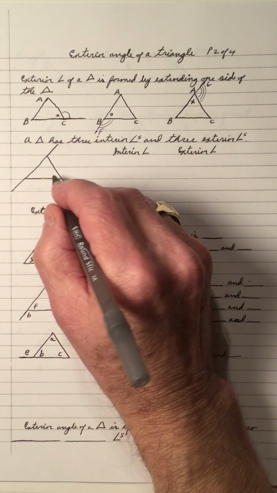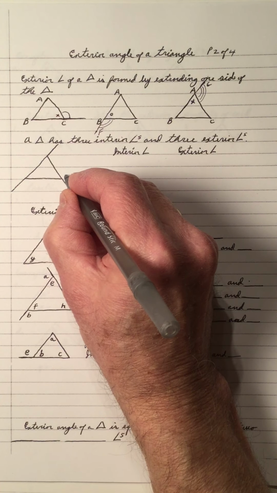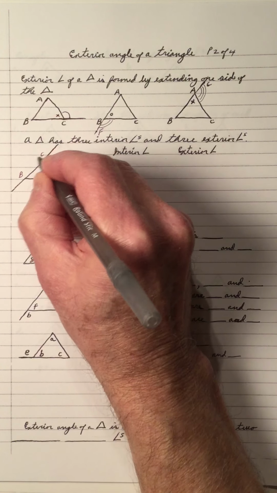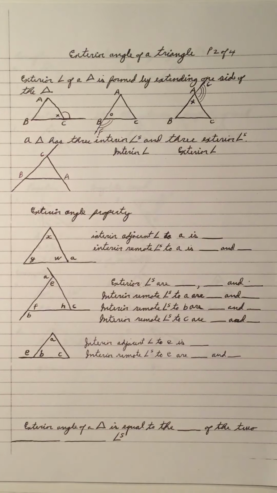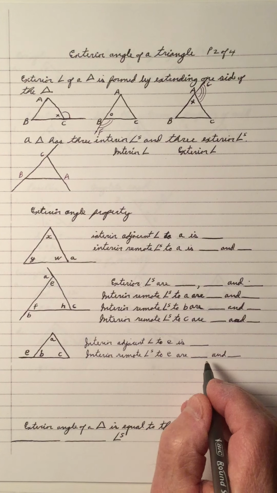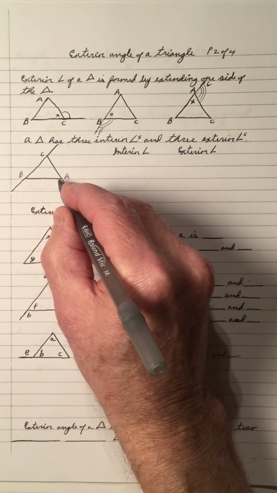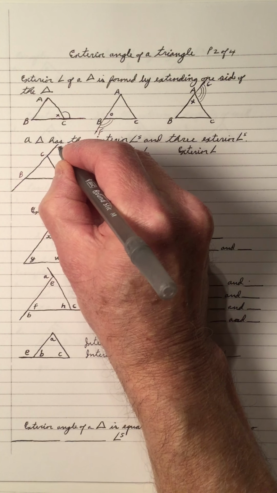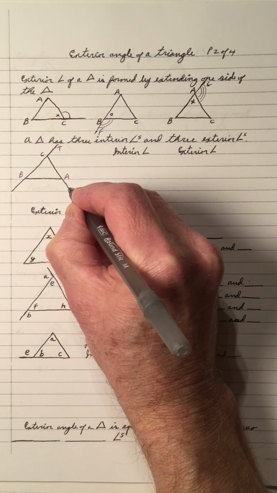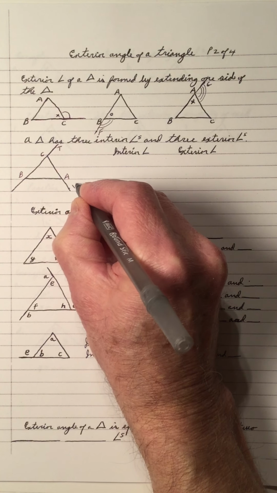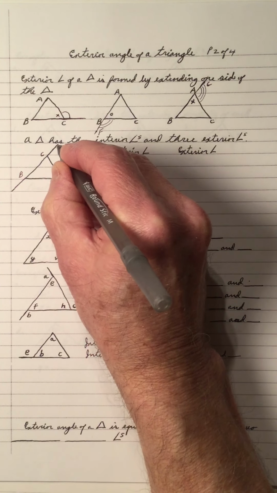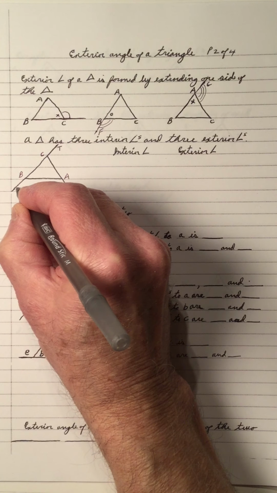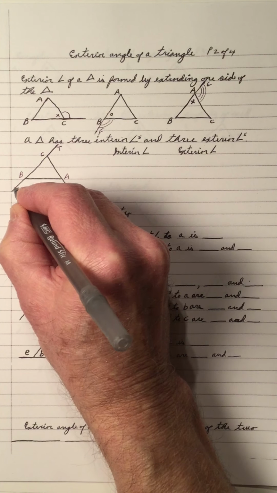So let's go around. Let's name this triangle A, B, C. The only reason you call it ABC is because they're easy letters to use. I'm going to put a point T right here, and a point G right there.